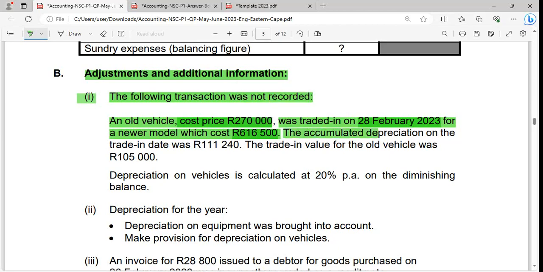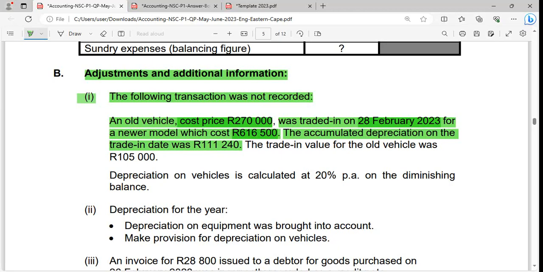Okay, so the accumulated depreciation on the trade-in date was 111,240. So this is the accumulated depreciation of the original vehicle, or we can say of the old vehicle.